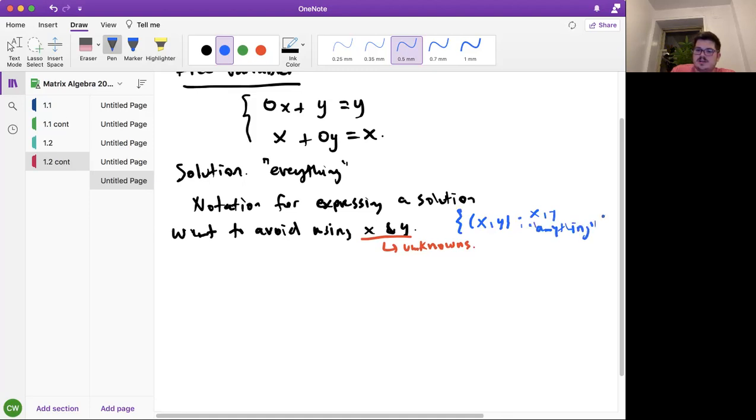So we're going to use Greek letters, and use instead free variables alpha and beta.